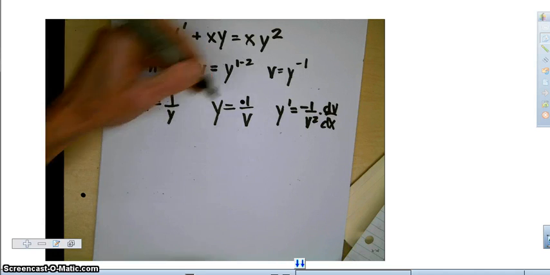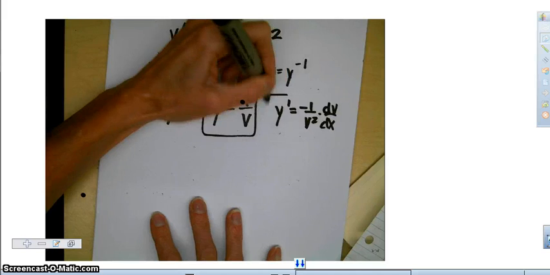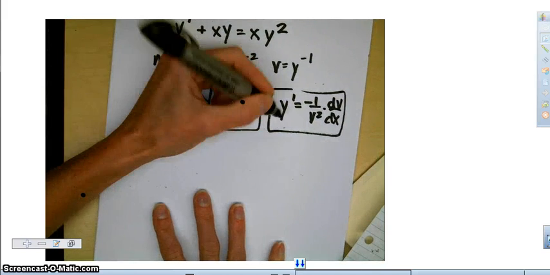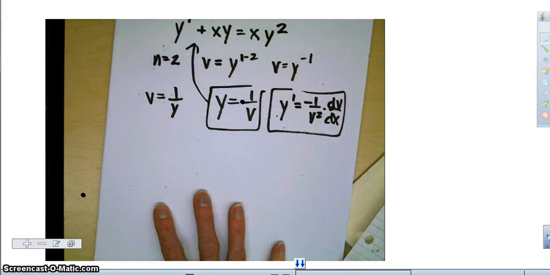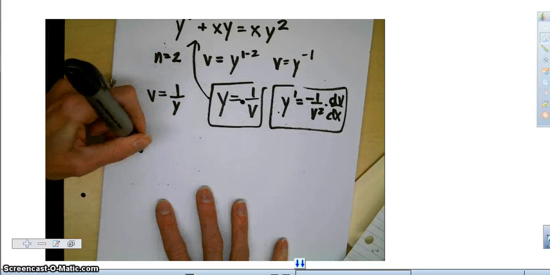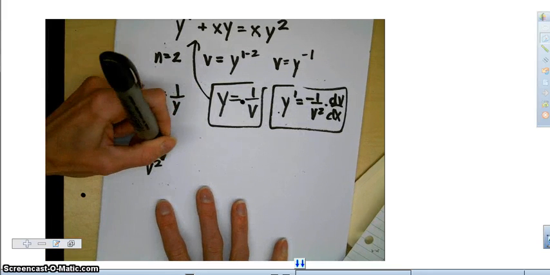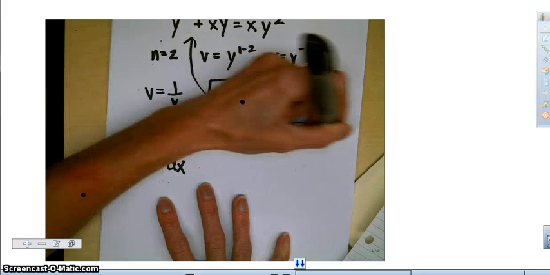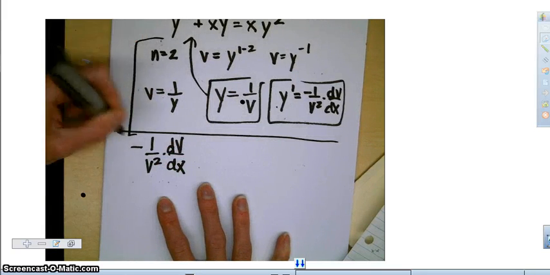Alright, so now I have my substitution things that I can plug in here. Y prime, that's dy over dx, right? So in place of this y prime, I'm going to put negative 1 over v squared times dv over dx. So this is my substitution step.